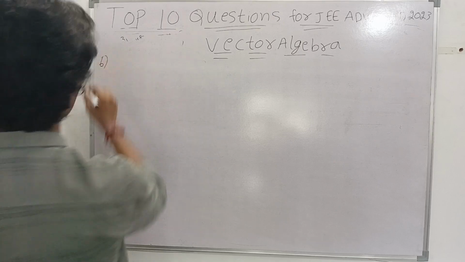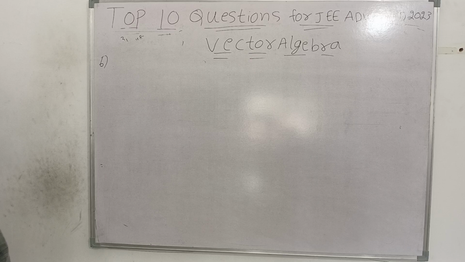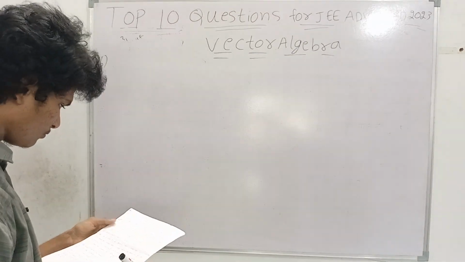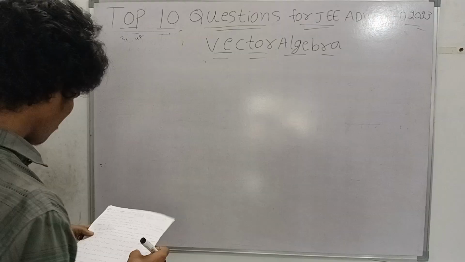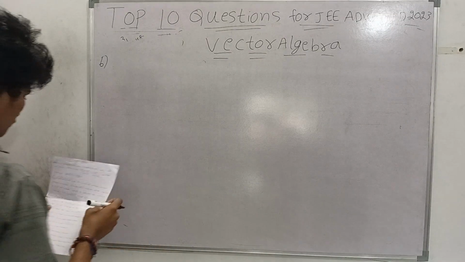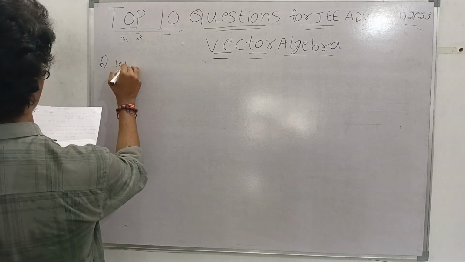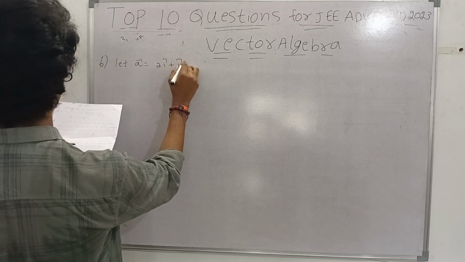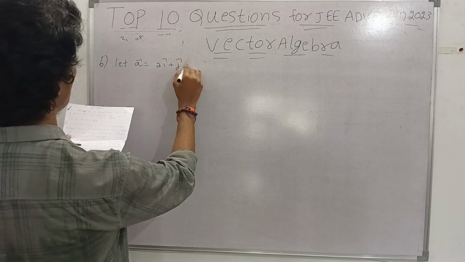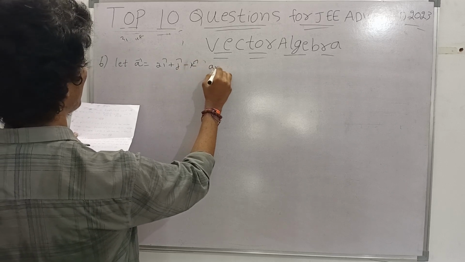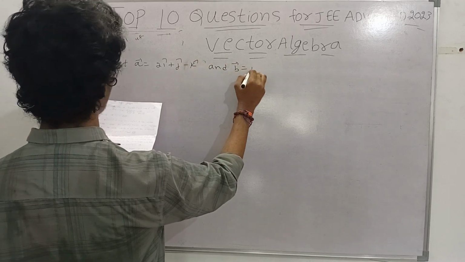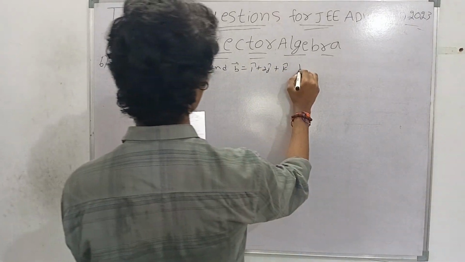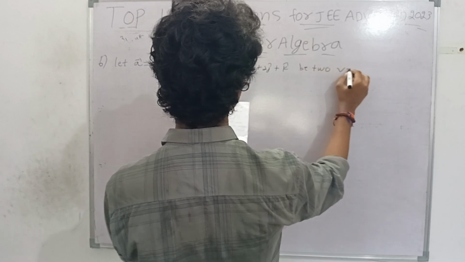Now sixth question. Sixth question: let A vector equal to 2i cap plus j cap minus k cap and B vector equal to i cap plus 2j cap plus k cap be two vectors.